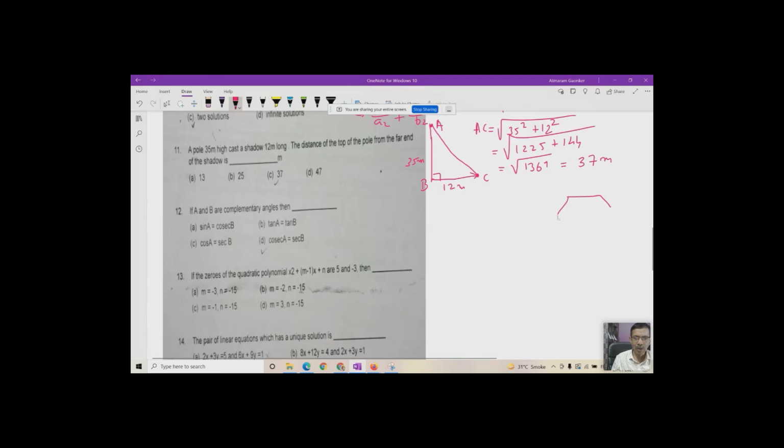For that, use the super hexagon: tan, sine, cos, cot, cosec, and sec. Join tan and cot, and sine and cos; these are co-functions. Tan and cot are co-functions, and sec and cosec are co-functions.